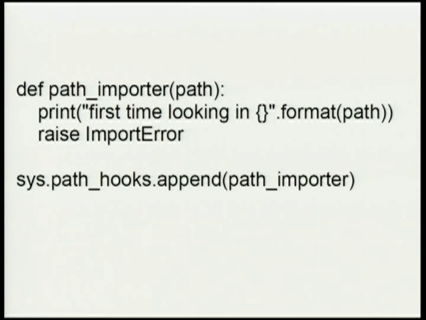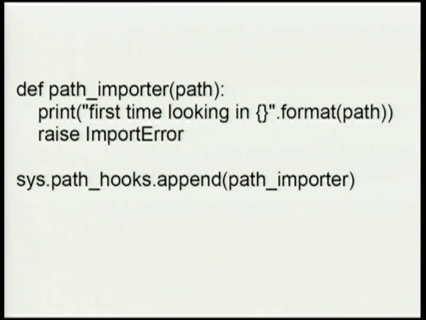Okay. So, all right, here's a simple example. We throw this path importer onto the path hooks, and whenever we get an import, and it's not a path that we know about already, we're going to print out that it's our first time looking at it, and then raise an import error.